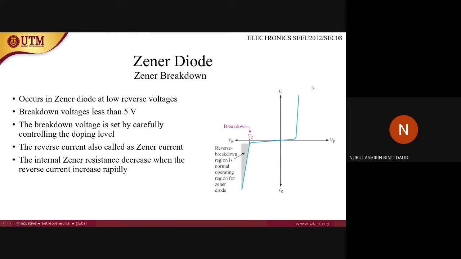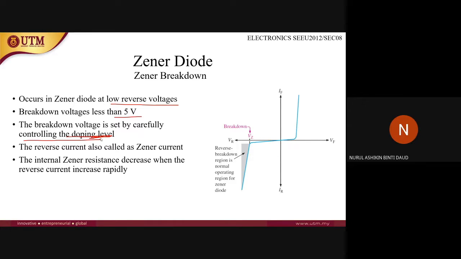Next. So this is the Zener diode for the Zener breakdown. Zener breakdown occurs in a Zener diode at low reverse voltage, usually with a breakdown voltage of less than 5 volts. The breakdown voltage is set by carefully controlling the doping level. So if you want to create a Zener diode, you should control the doping level.